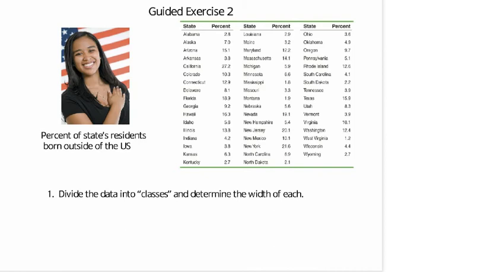All right, as we look into a histogram, let's start off by determining our classes and the width of each one. Now, if you look at this data, the range is 1.2 to 27.2. So that means we have a range that would fit, I would say, let's go with 5 classes.